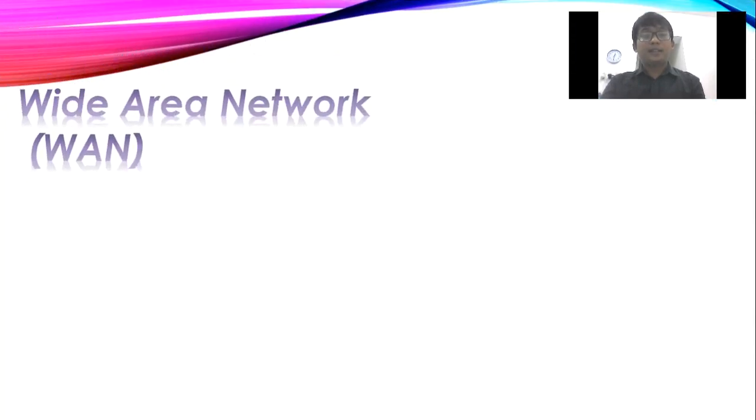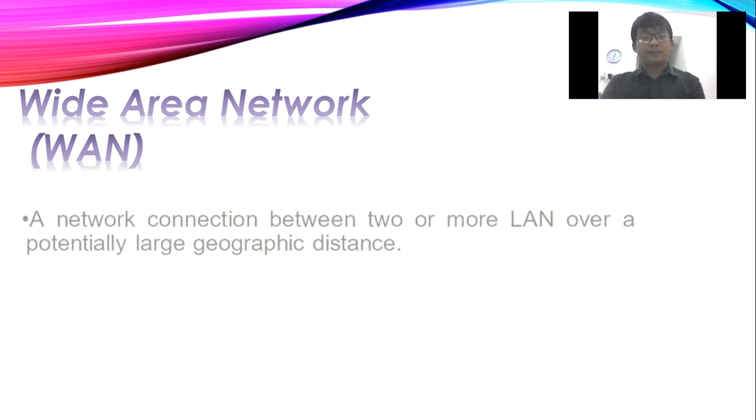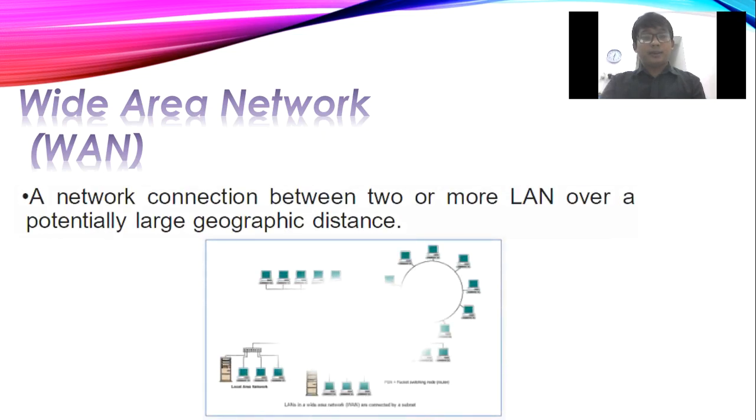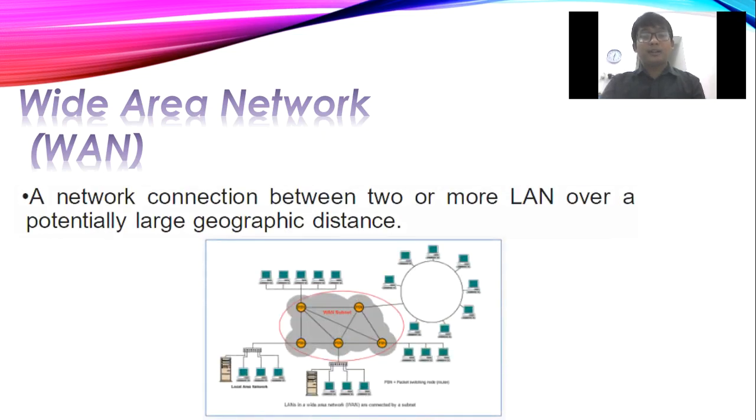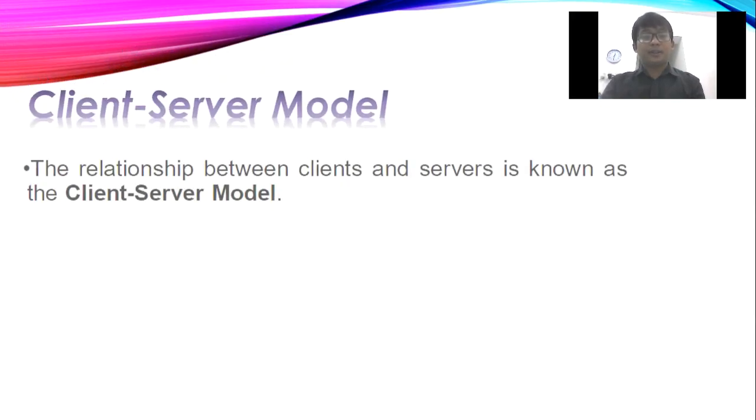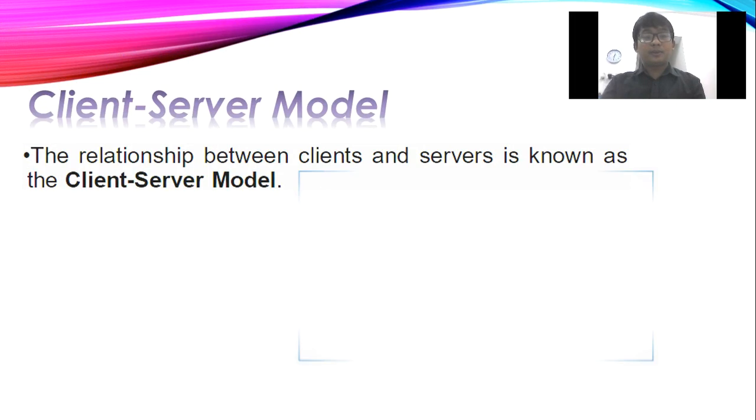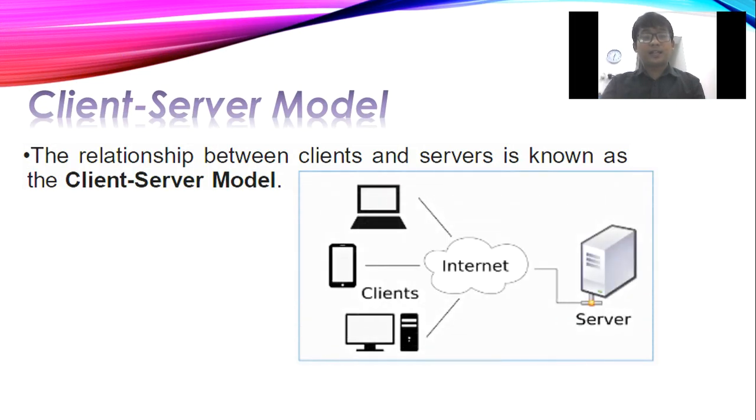We have Wide Area Network, or WAN. A network connection between two or more LANs over a potentially large geographic distance. Client-server model. The relationship between clients and servers is known as the client-server model.